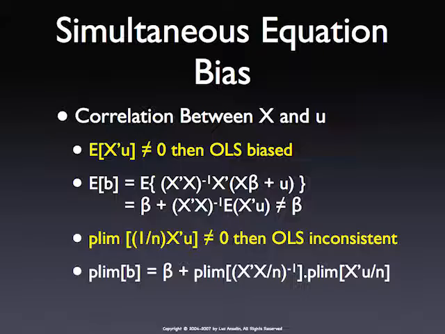All the randomness is in the second part. So if the second part, under this assumption again, does not converge to 0, then again we have a non-zero part that is added to the true value of the parameter. But now this is in the limit. This is asymptotically. So asymptotically we are off. The estimator does not go to the true value of beta, but it goes to beta plus something. Okay? And that's the main problem.